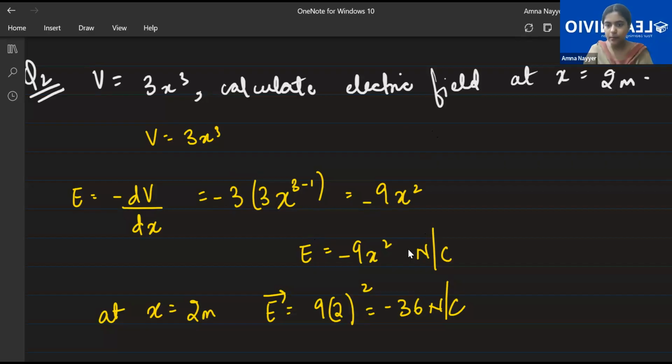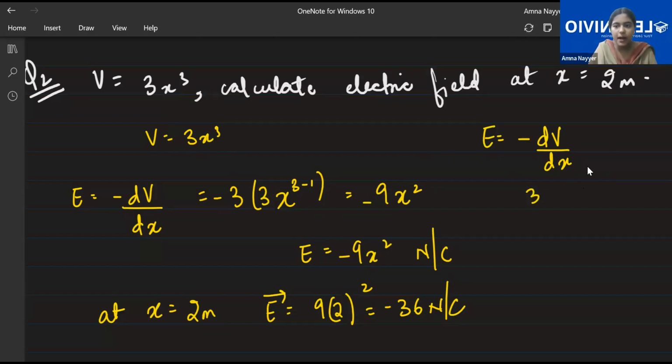Can you explain this to me? Okay. See, we have the potential. What is electric field? The negative of the differentiation of potential with respect to position. Now, when you differentiate it, 3 is a constant number.